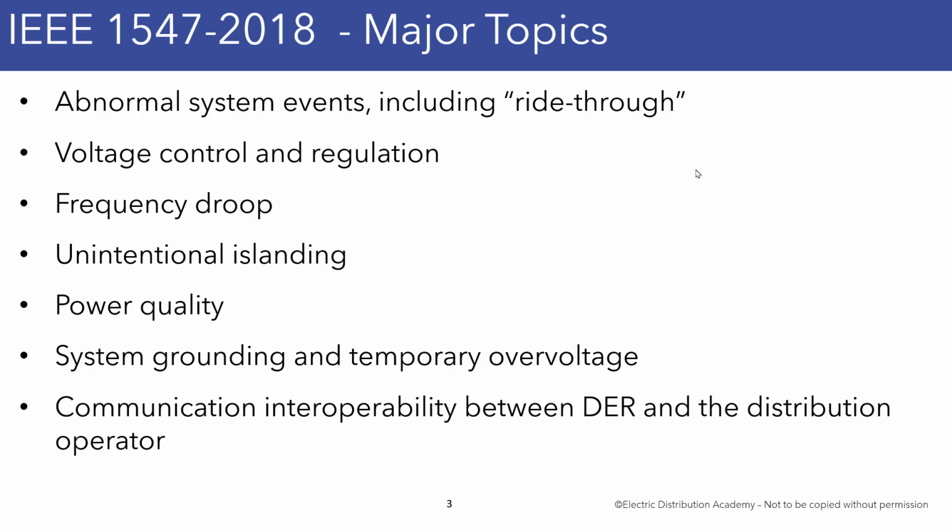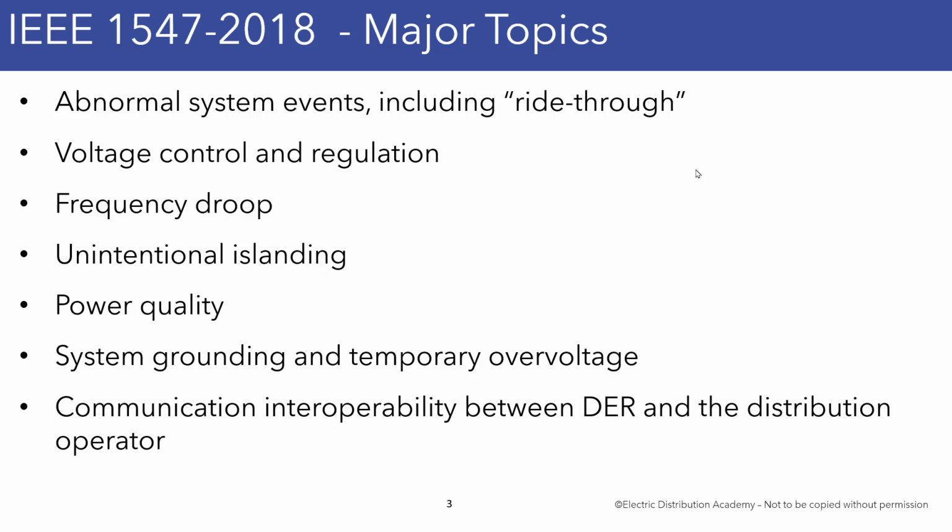The major topics in 1547 include abnormal system events, and this is particularly important for the bulk power system, meaning the large-scale generation and transmission system. A DER needs to have capabilities to ride through these events, and those capabilities are specified, particularly with respect to voltage and frequency.